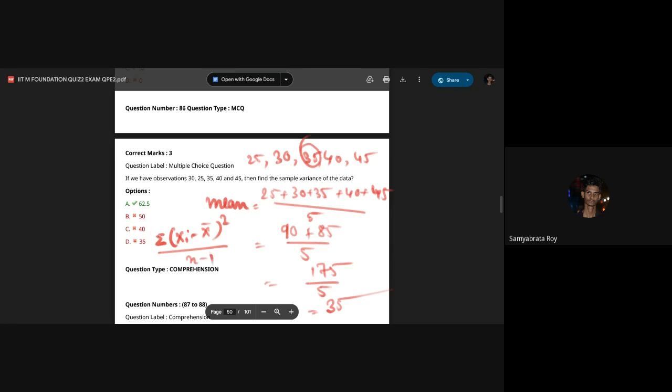Cool enough. So this will be minus 10 square plus minus 5 square plus 0 plus 5 square plus 10 square by 5. Okay, 100, 100, 25, 25. So how much it will be? Sorry, this is 4, not 5.